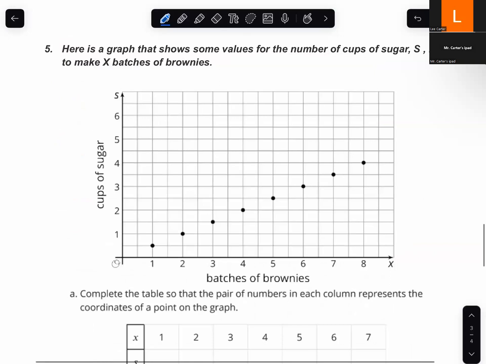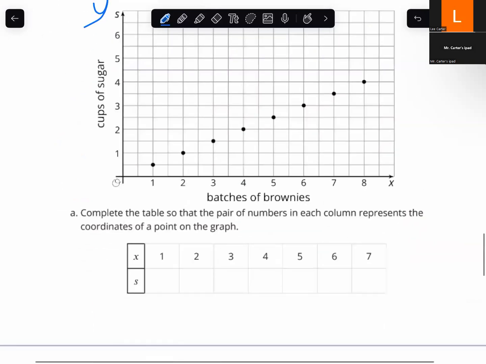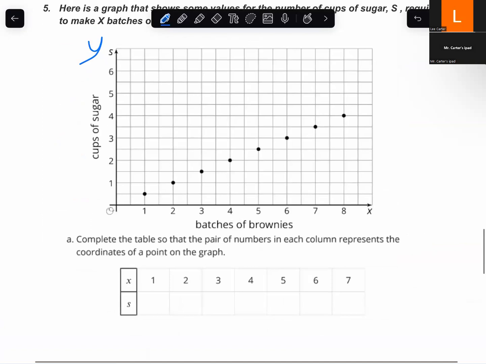All right. Number 5, here's a graph that shows some values for the number of cups of sugar S, the y-axis, used to make X batches of brownies. So first we need to complete the table here. So notice here, these are by halves, right? They're not by wholes. So that means 1 batch of brownies is half a cup of sugar. 2 batches of brownies is 1 cup of sugar.